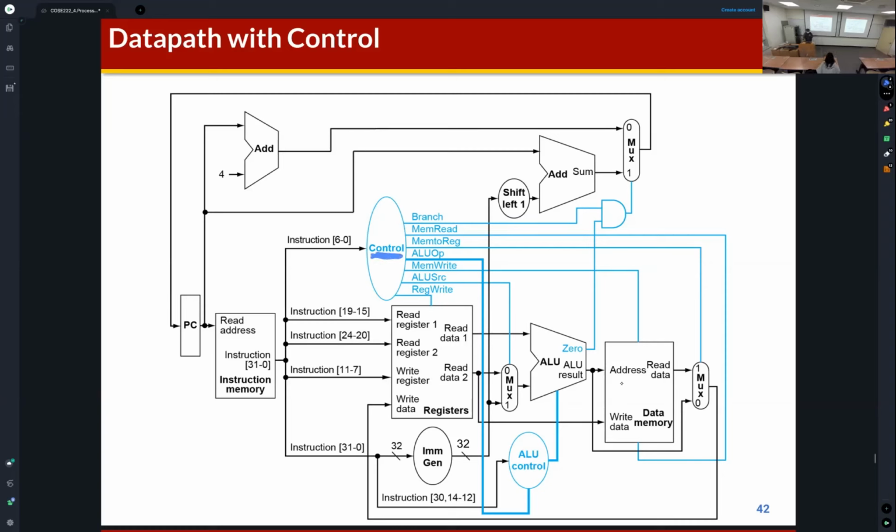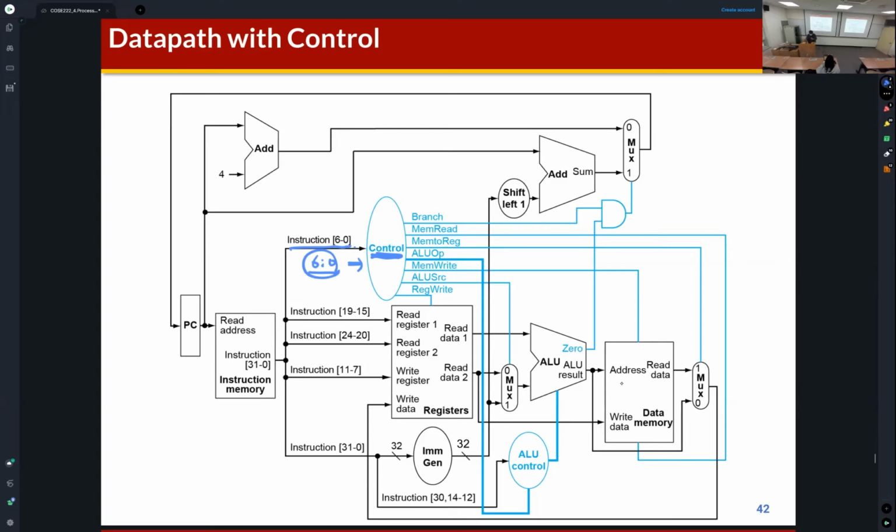As you can see, for this control unit, only the instructions are given to this control unit, but you can find that instruction 6 down to 0 are given to this control unit. Why?